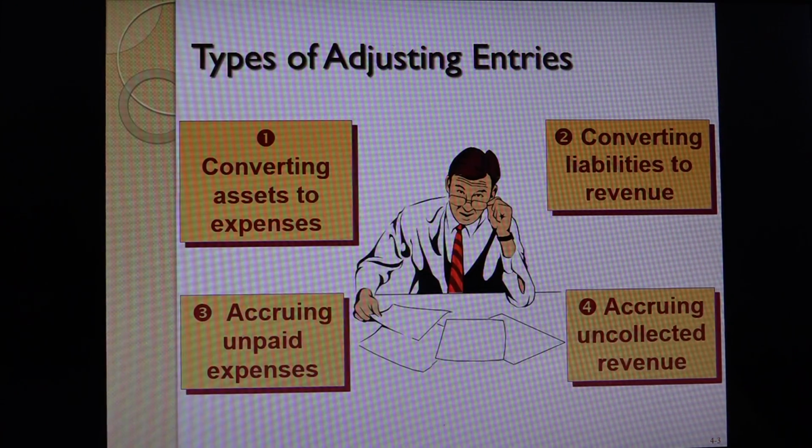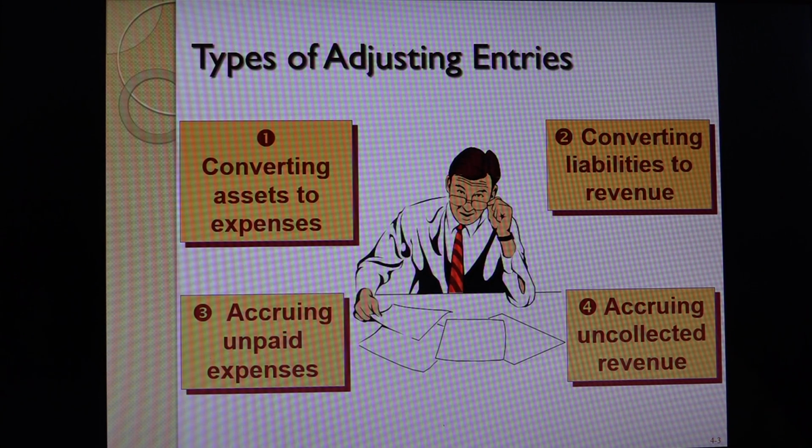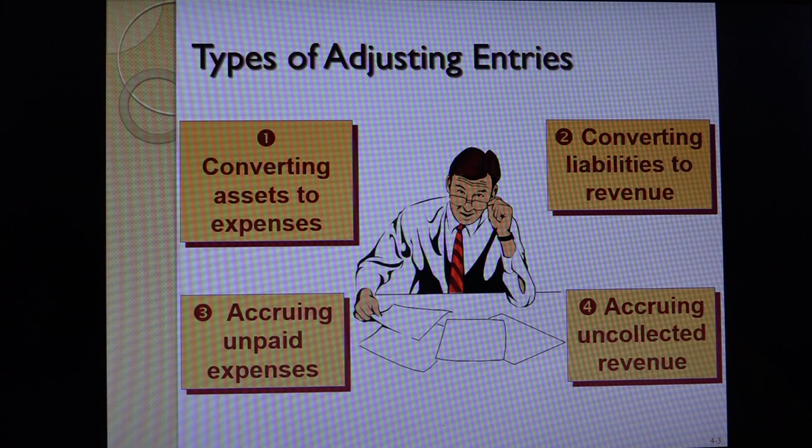The types of adjusting entries you can have are where you're converting an asset to an expense. An example of that would be where you prepay rent, so you record that as a prepayment of rent in your asset section. Remember that you expense it in the period where the rent's used.